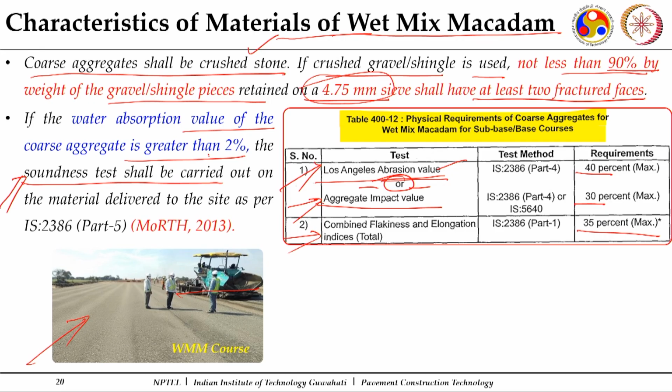So, if more than 2% water absorption is there, you can go for the wet aggregate impact value. Along with it, the soundness test has to be checked to ensure that it is durable enough. So, this completes the discussion, especially in terms of the requirements of the materials to be used in granular courses. Thank you.